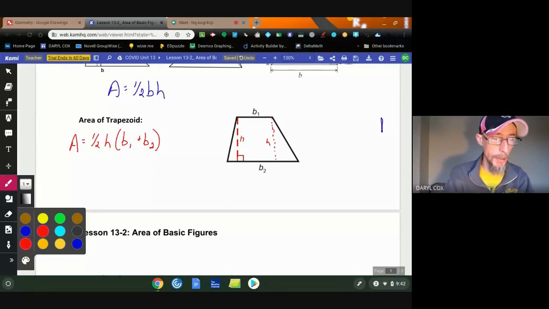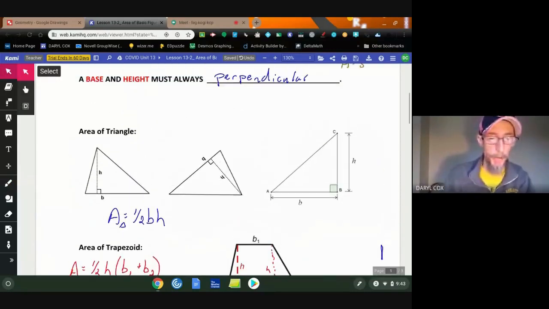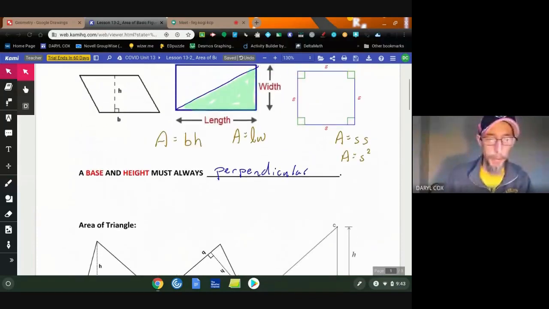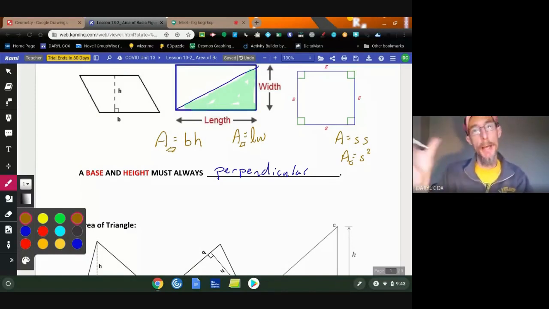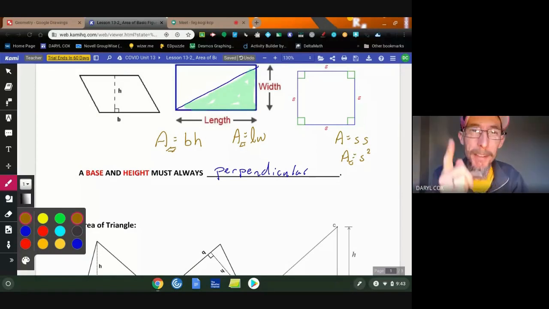Now, what you'll see me do sometimes is put a little word under area. So I'll call that area of trapezoid. Maybe I'll put a little triangle here for area of triangle. Up here for the parallelogram, let me go back up here to parallelogram. Maybe I'll put a little area of rectangle here, or square here, or parallelogram here, just so that I can differentiate my areas rather than just have A all the time, especially if there's more than one shape.